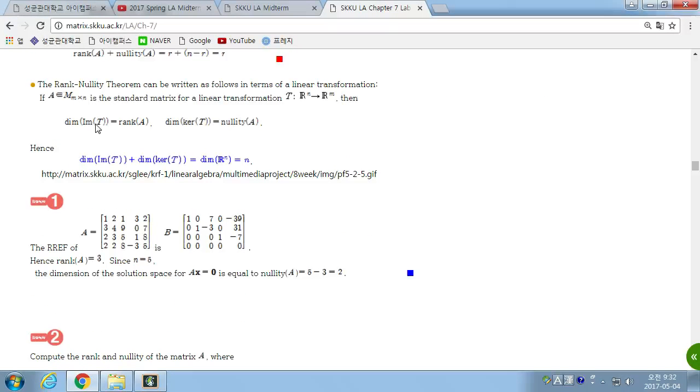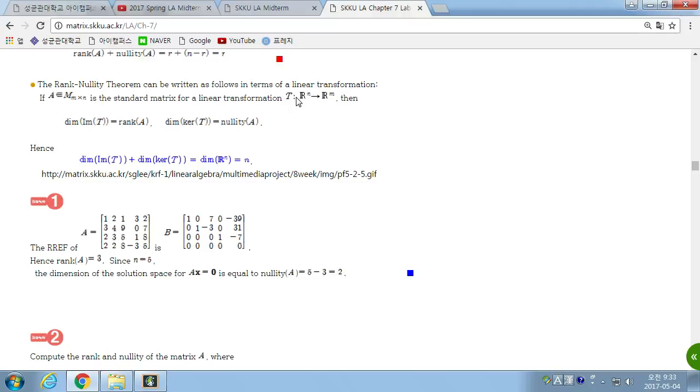So from here, the dimension of the image of T is the same as the rank of A, and the dimension of the kernel of T should be the same as the nullity of A, if we think of T as a linear transformation from Rn to Rm. If we have a matrix A, then T of x equals A times x is a linear transformation because it is a matrix transformation.